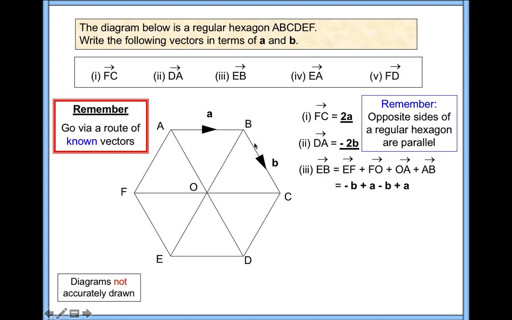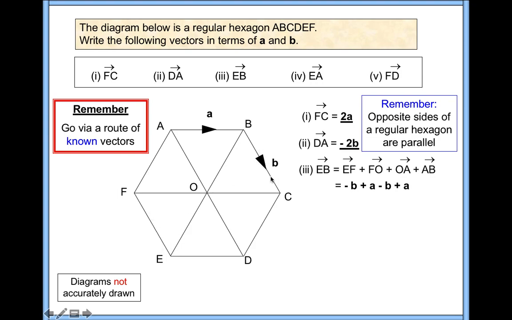That means they are in the same direction, and they are equal because it is a regular hexagon. So if side BC is described as B, then side FE is also described as B.